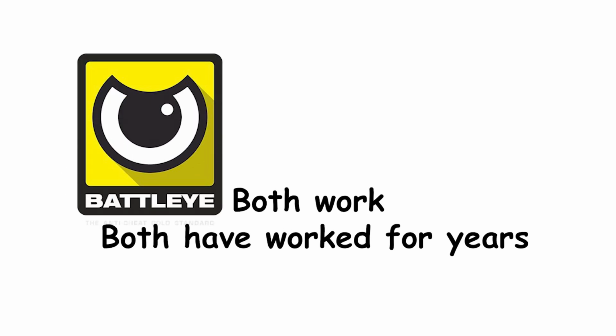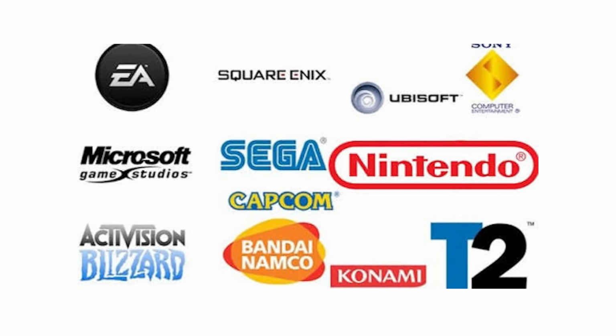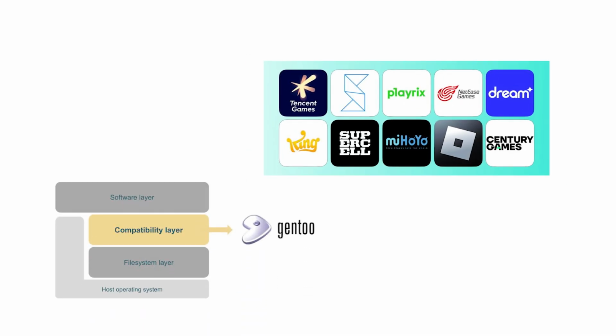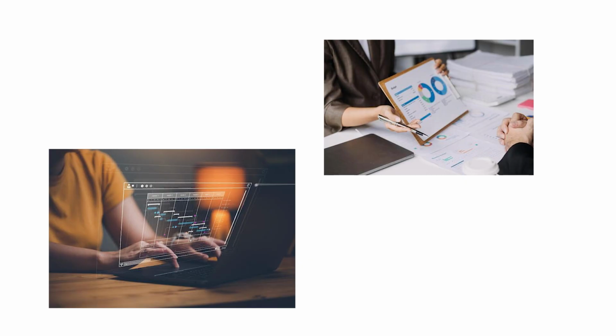BattleEye followed. Both work, both have worked for years. Enabling that support is a setting the game publisher turns on. Many decline. So when a multiplayer game refuses to launch on Linux, the compatibility layer is usually not the reason. The publisher left a checkbox unchecked, not because of a technical requirement, because of a commercial one.